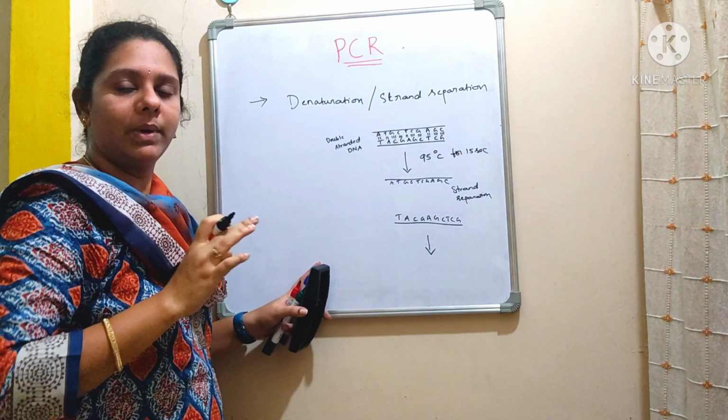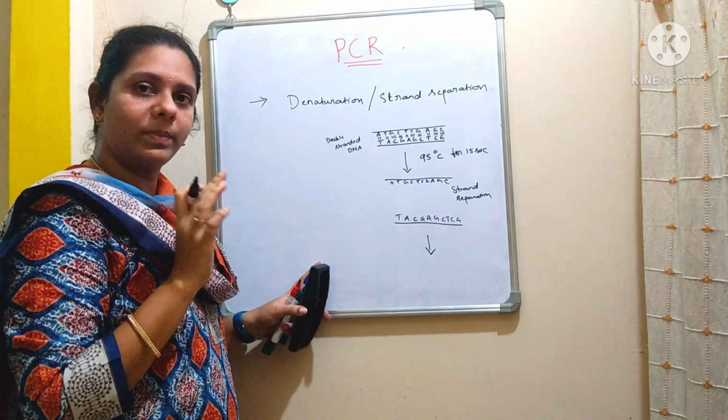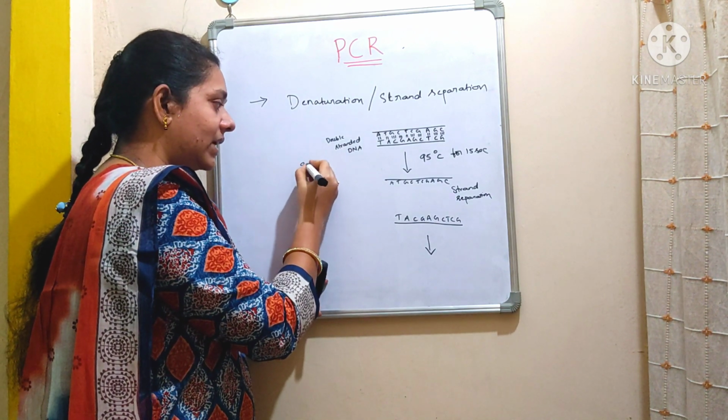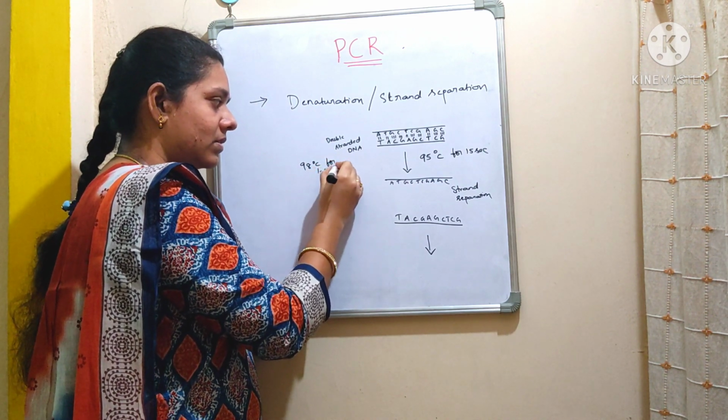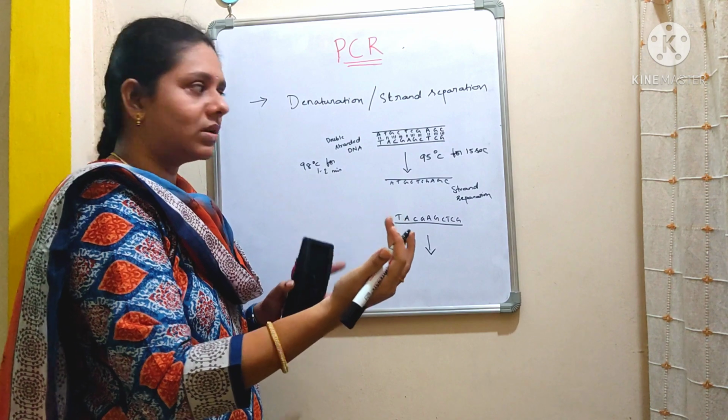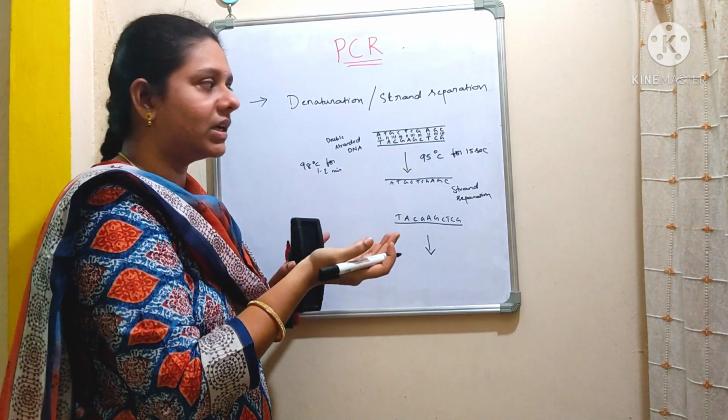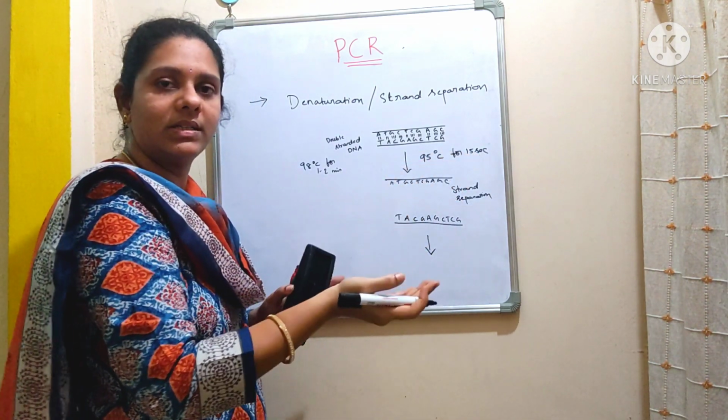seconds. Remember, in some papers you may see a temperature of 98 degrees centigrade for 1 to 2 minutes. In some other protocols you may see a temperature of 95 degrees centigrade for 15 to 30 seconds.